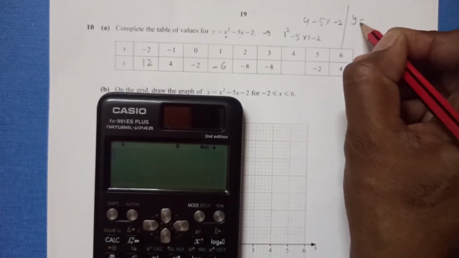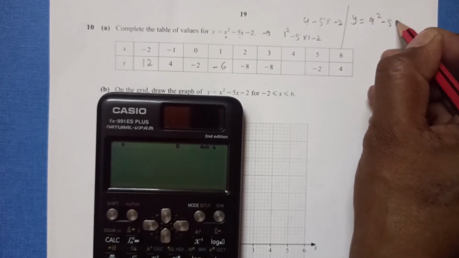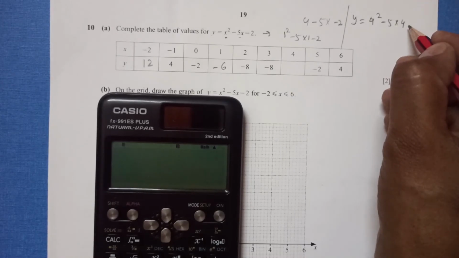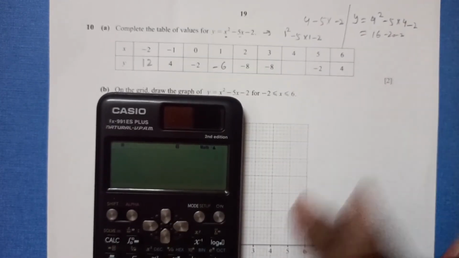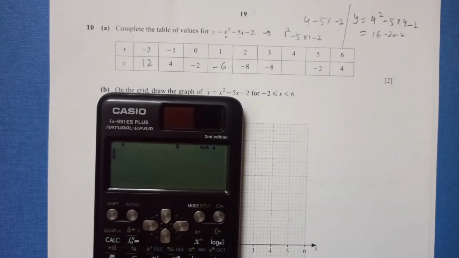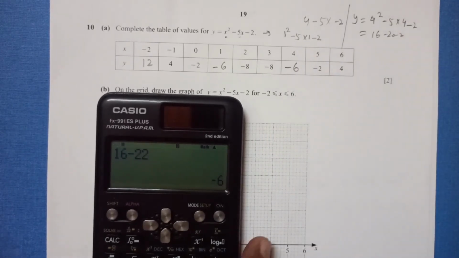Let me write it down here. We have x squared, that means 4 squared minus 5 times 4. Sorry, I took negative 4 right there. So this will be 16 minus 20 minus 2. So 16 minus 22, this is negative 6. So this is negative 6 here.